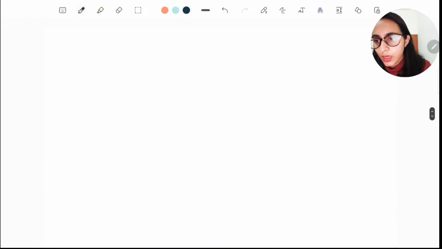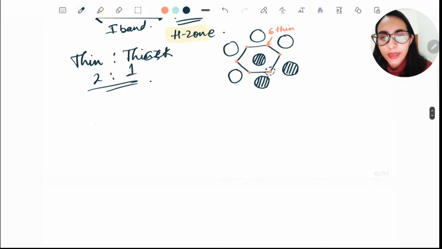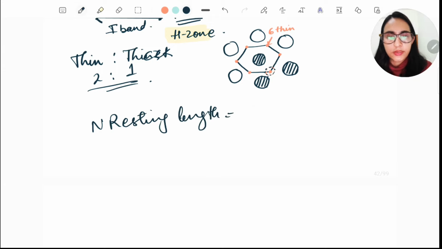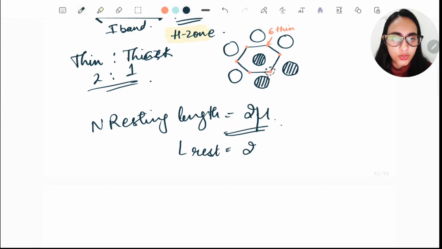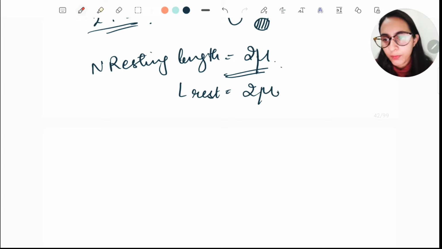Now, greater is the initial length of the muscle, the greater the force. If the normal resting length of a muscle is 2.2 microns, according to Starling's law, the greater the initial length of the muscle, the stronger the force of contraction.